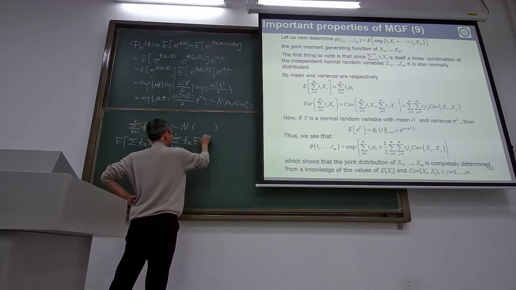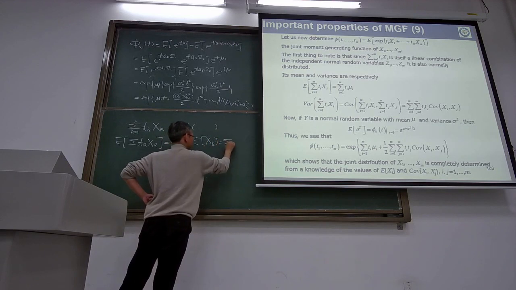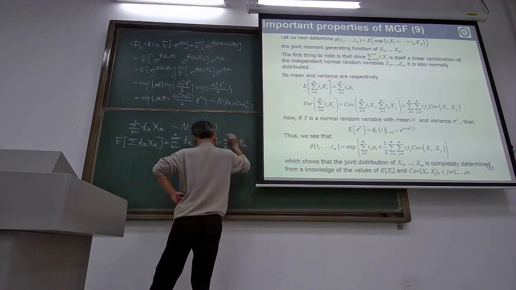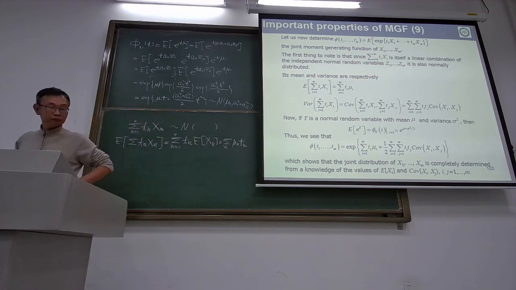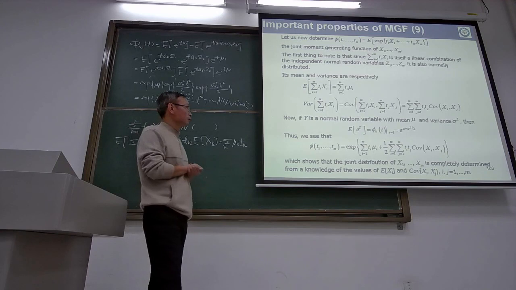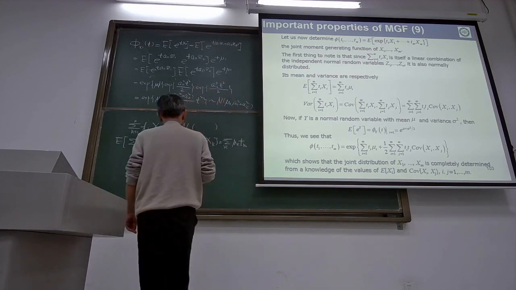This is a constant parameter, and the expectation of Xk just equals mu k, times tk. Okay? Let's find the variance, the covariance.